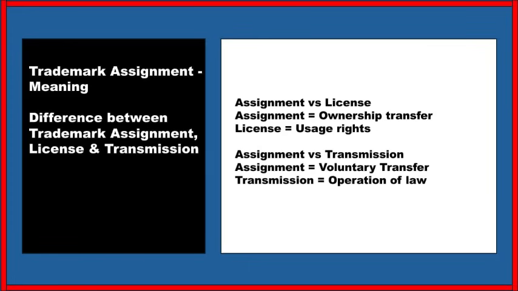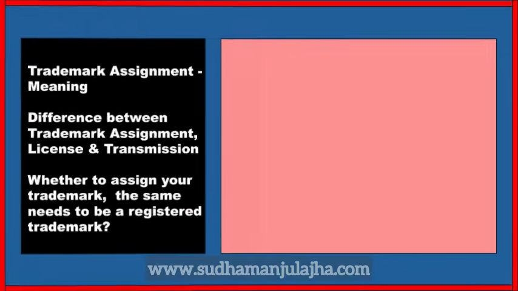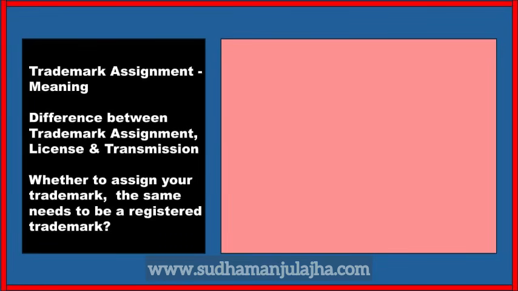Another example can be if the partnership dissolves due to, say, death of a partner, the rights may devolve to the legal heir or the surviving partner by law. So, in cases where ownership passes automatically, the change is recorded as transmission and not assignment.